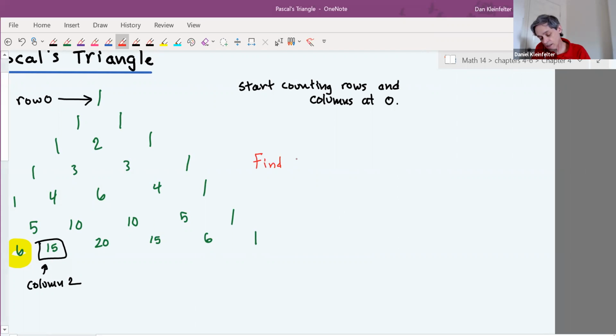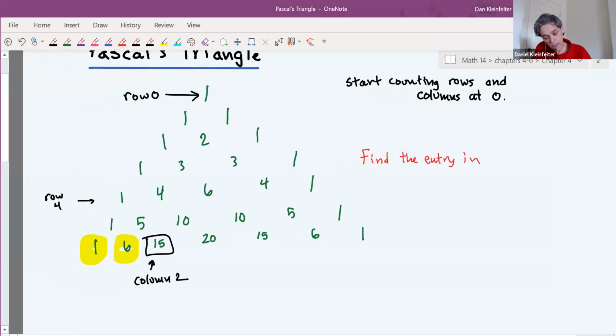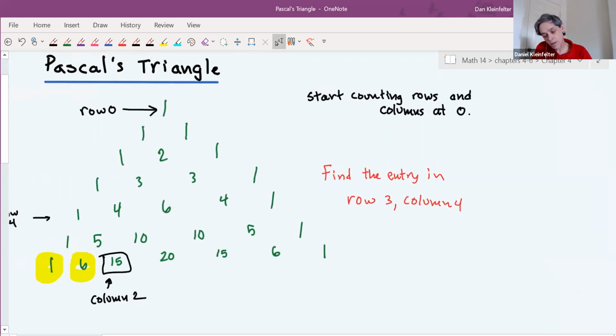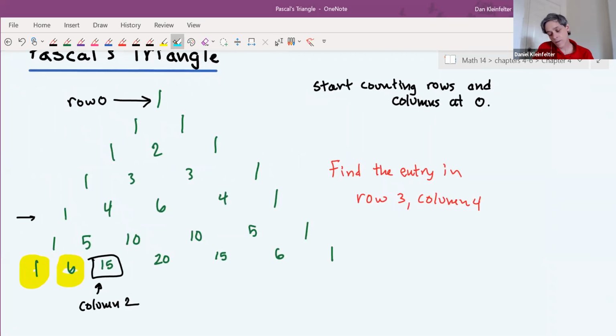So let's try this out. We're going to find the entry in, let's say, row 3, column 4. Okay, so let me try that. Row 3, column 4. So 0, 1, 2, 3. So this is row 3, column 0, 1, 2, 3.